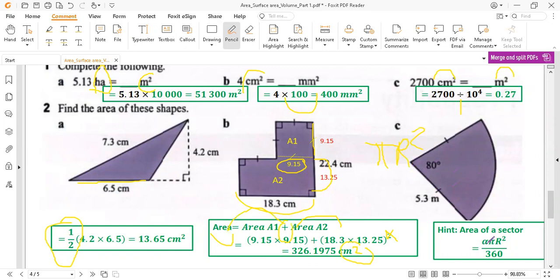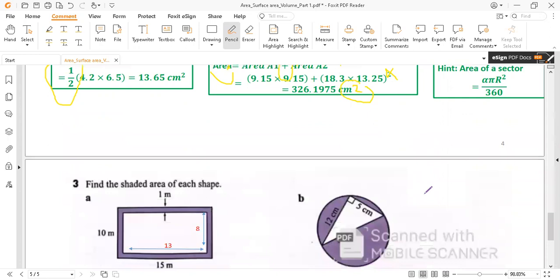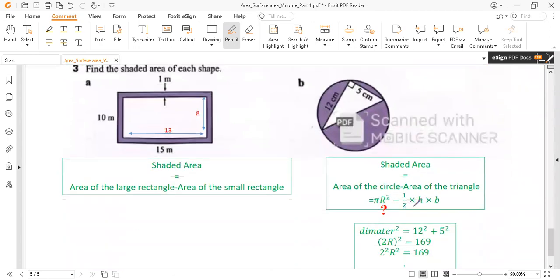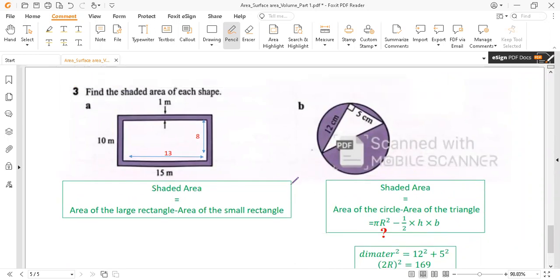Normally alpha here is the degree, the angle of this sector. It is like 80 over 360 by pi r squared to obtain the wanted area of this sector.